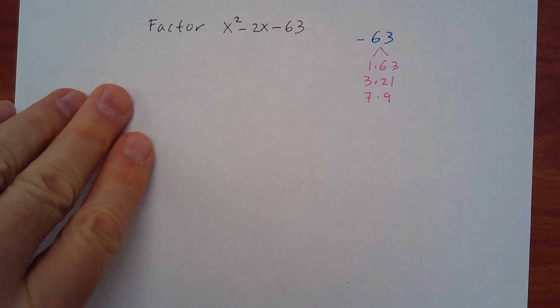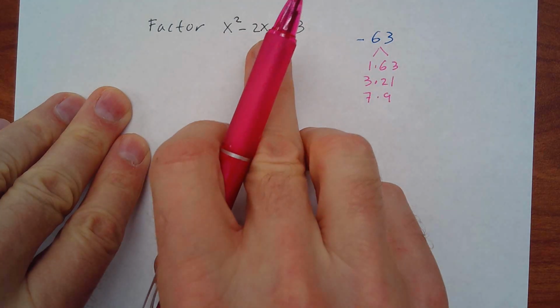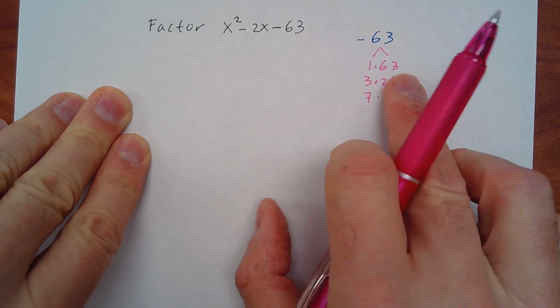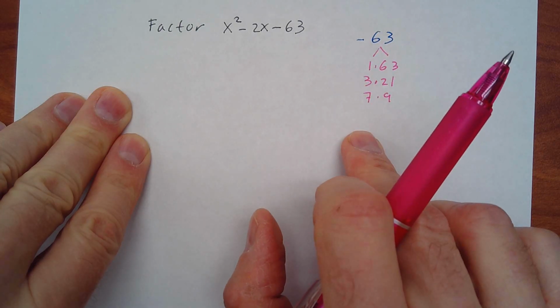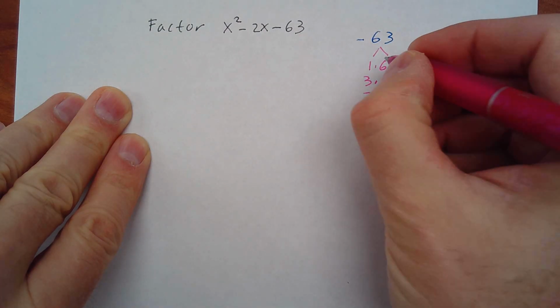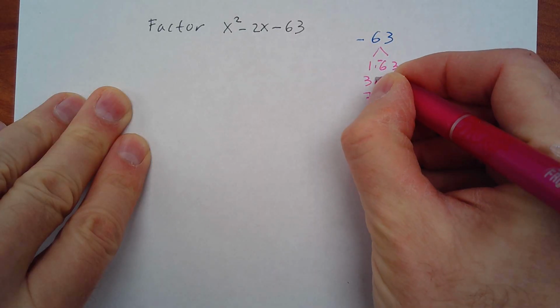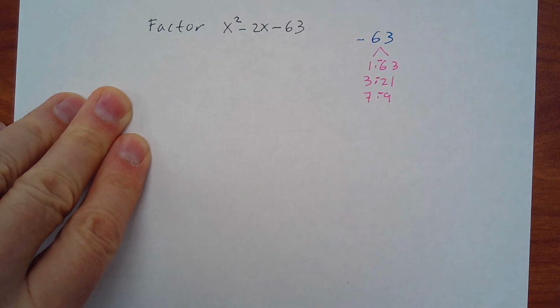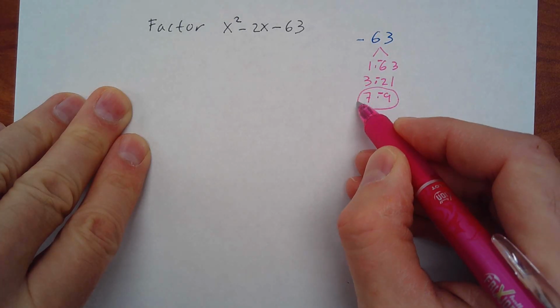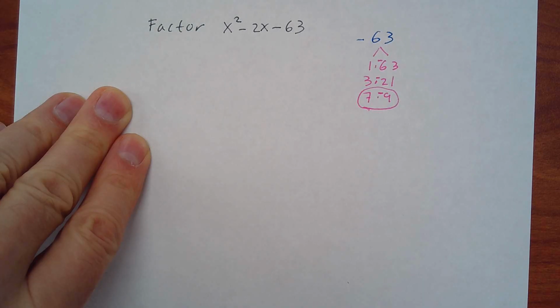So now looking back at the problem, I've got my list. I know this is actually negative 63, so one of these has to be negative and one has to be positive. We get a negative 2x, so the larger number has to be negative. And then I can see that 7 plus a negative 9, that's going to add up to a negative 2.